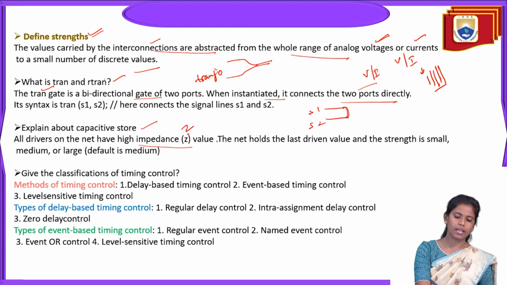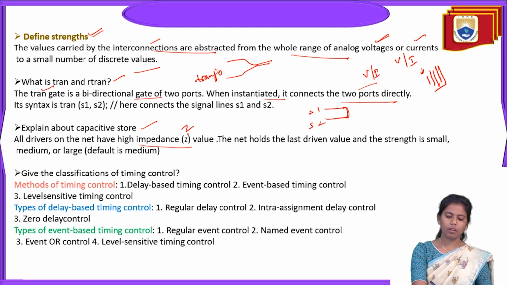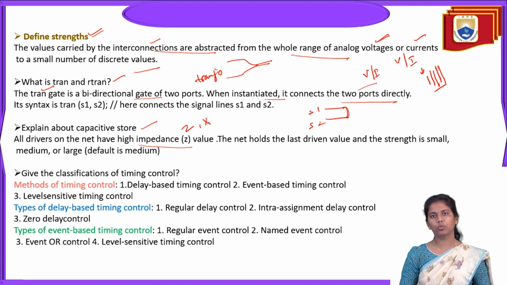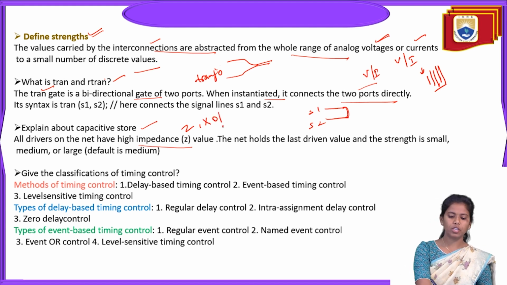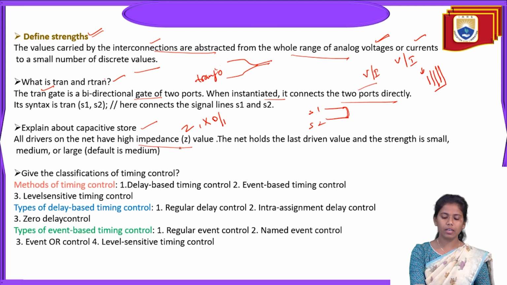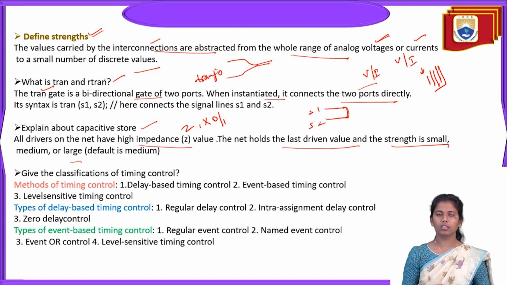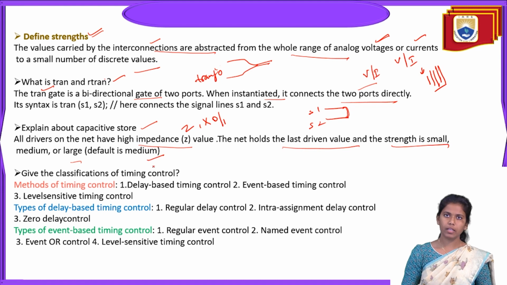We represent the high impedance value as Z, and we represent the don't care condition as X, so it could be 0 or 1. But the high impedance value is the saturated value, where the net holds the last driven value and the strength is small, medium or large. Default is medium.